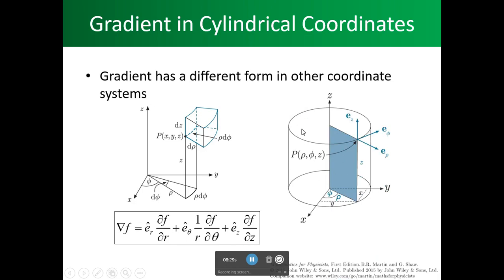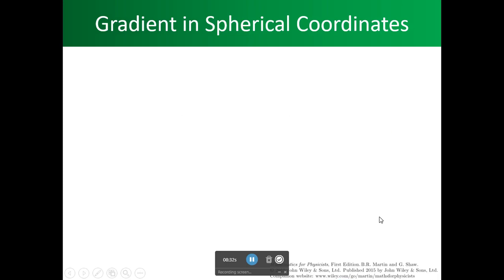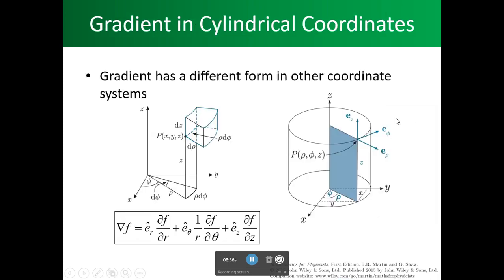Okay, as we continue in cylindrical, notice what we had. You see here, we're still using what? Rho, phi, and z. And our cylindrical form, as you can see, is like a cylinder.